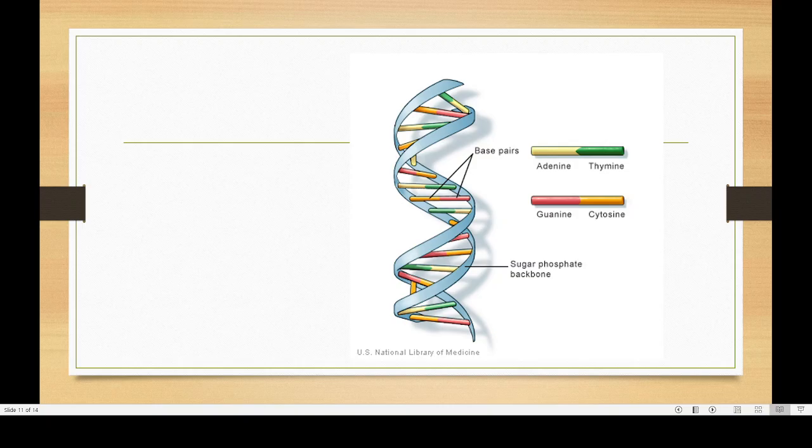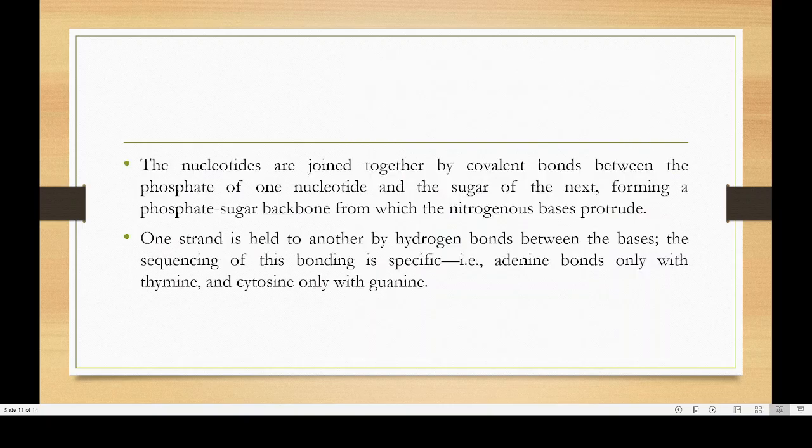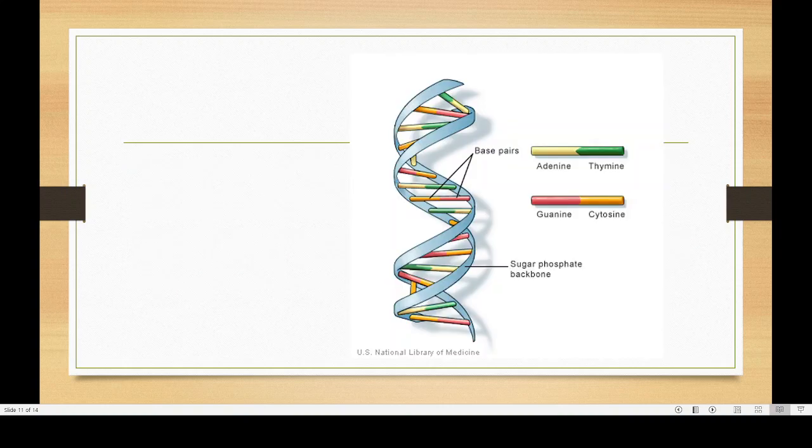One is nitrogen bases. There are 4 different types of nitrogen bases. They are adenine, thymine, guanine and cytosine. Then we have a sugar molecule, that is deoxyribose. Then we have a phosphate molecule.